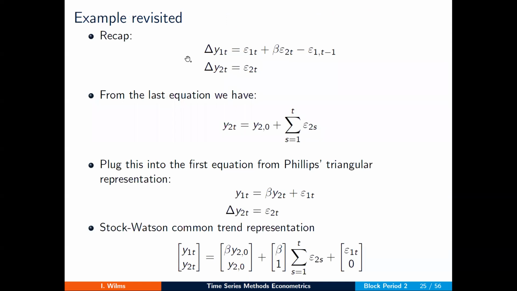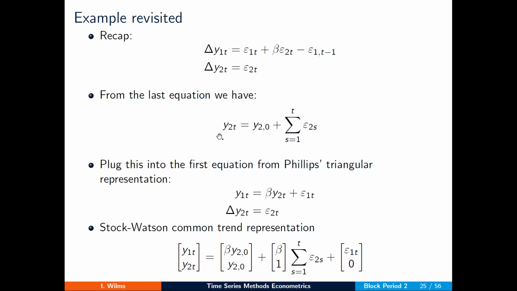Let's also have a closer look at how we can obtain the Stock and Watson representation for our example. So from the second equation, which is the random walk model for y2t, I can alternatively express it like this, which we know from the lecture weeks on the random walk model. And that gives me immediately the second equation that I need. To arrive at the first, I then just need to plug in this expression for y2t into the first equation of Phillips triangular representation.